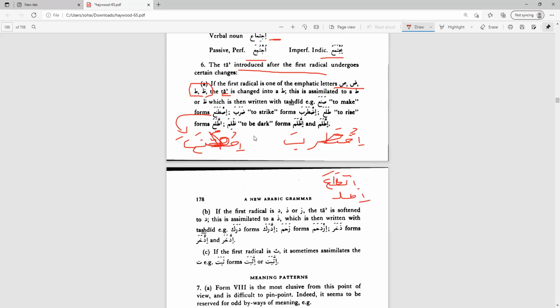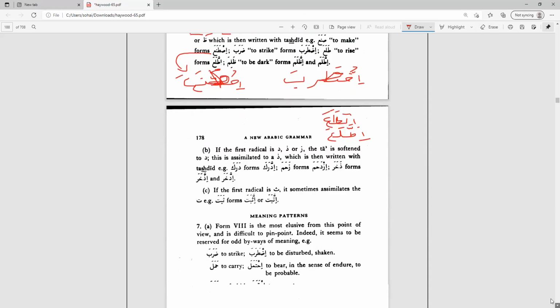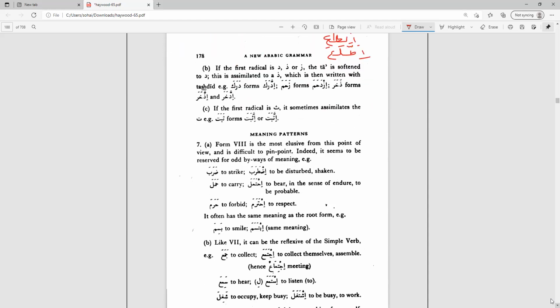So it becomes ittala'a. Zalama, to be dark, becomes izzalama or ittalama. You could use either. Any questions? You'll get it, it's just going to take a bit of time to get used to it. It's a bit different from the others.